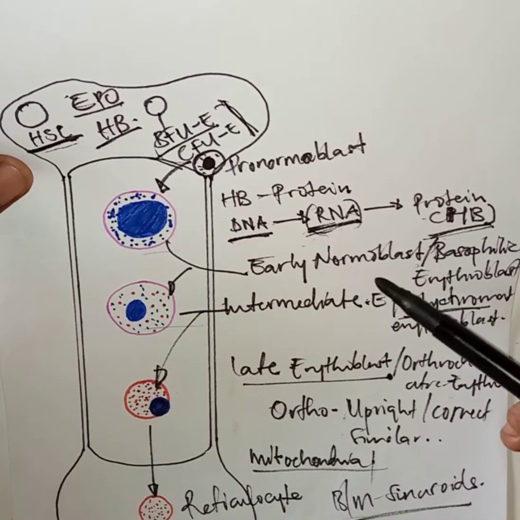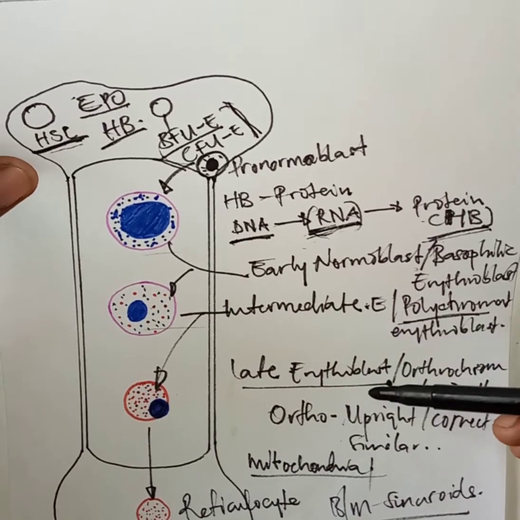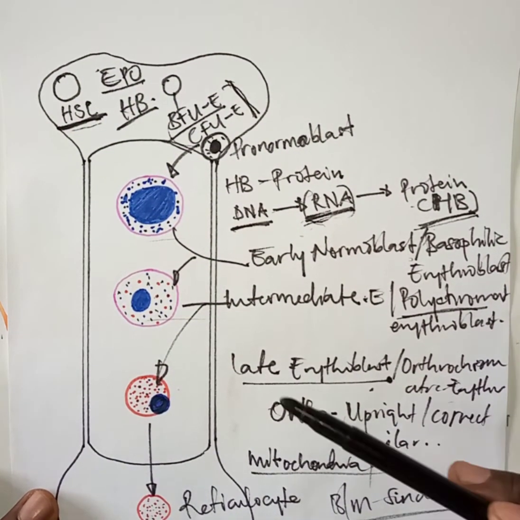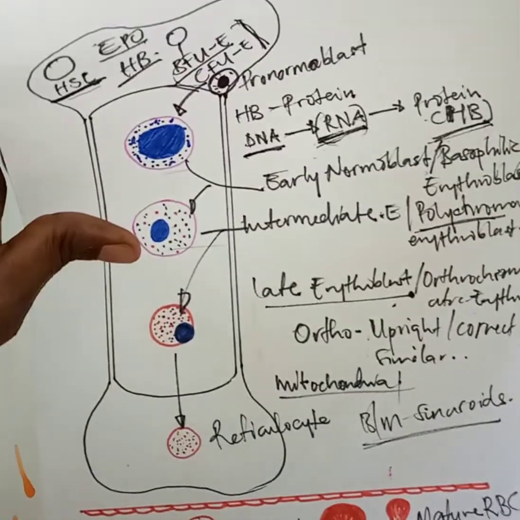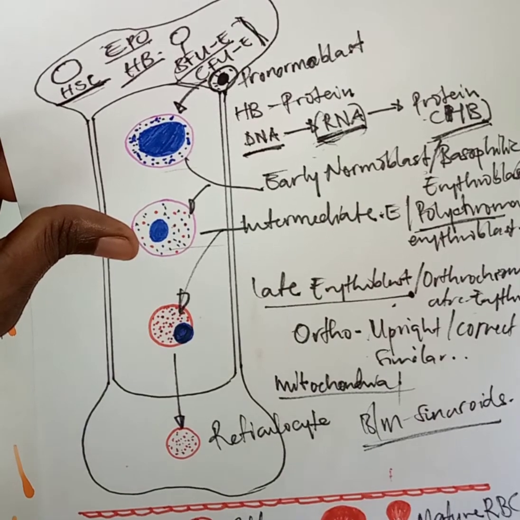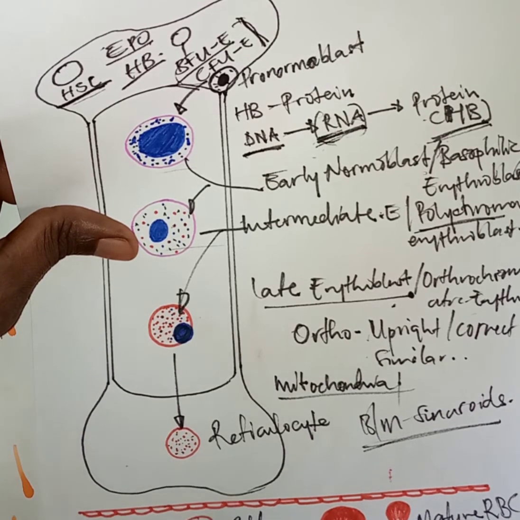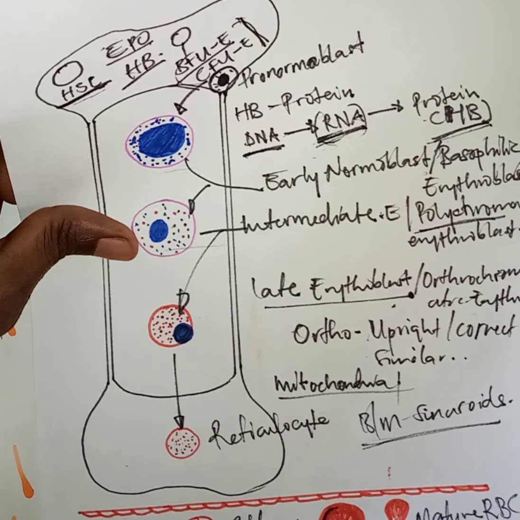The arenormoblast gives rise to the intermediate, which gives rise to the late erythroblast, which gives rise to the reticulocyte, which is eventually sent into the bloodstream, and after 24 hours, it's expected to have developed into a mature red blood cell without ribosomal RNAs in it, and has our protein, the Hb.